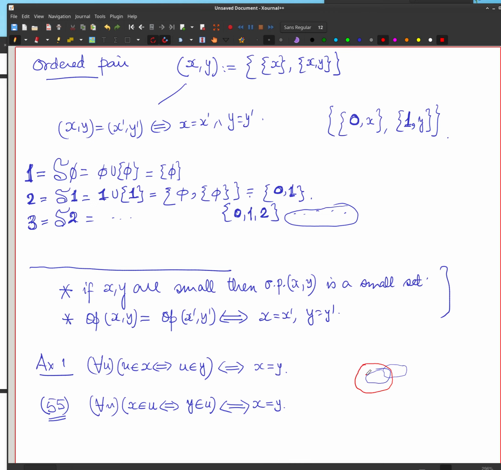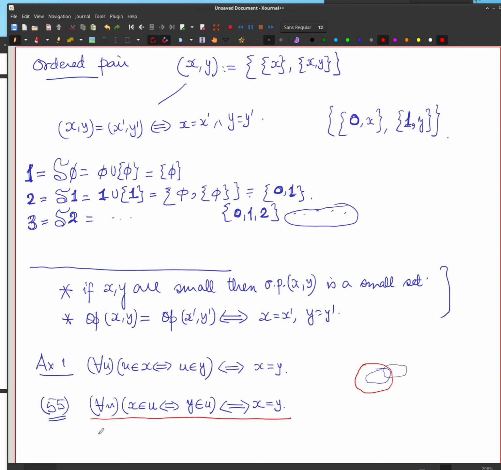It's very difficult to write it, so that's why I took a separate color. So this blue is a member of this red, but this one is not. So you see, you have objects, they are all sets. If you have two different objects, you can find a set which contains one and doesn't contain the other. That's what it is saying.